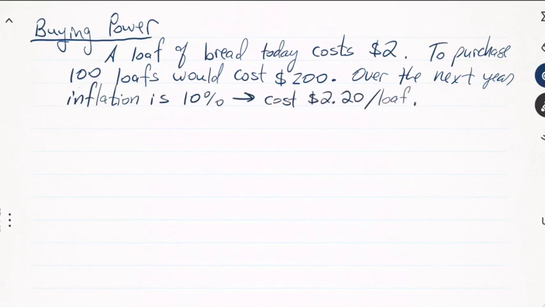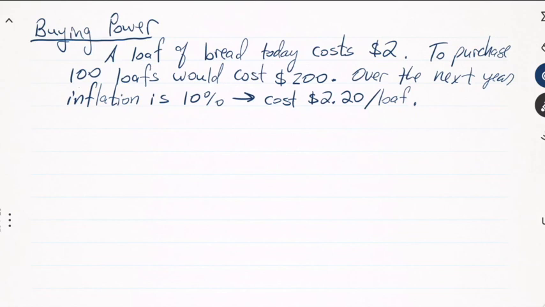So a loaf of bread today costs $2, and if we're going to buy 100 loaves of bread, it would cost us $200. Over the next year, the inflation rate was 10%. So next year, the loaves are going to cost $2.20 per loaf.